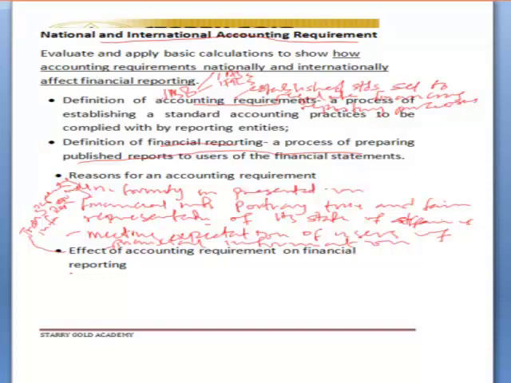For example, JC, an organization, let's say JC Limited, bought a school bag. Let's take for example he bought 1,000 school bags, and let's say he bought them for 2 naira 50 kobo each.